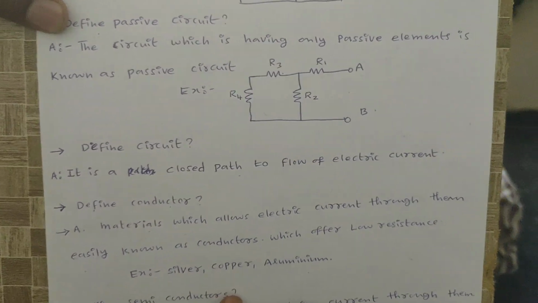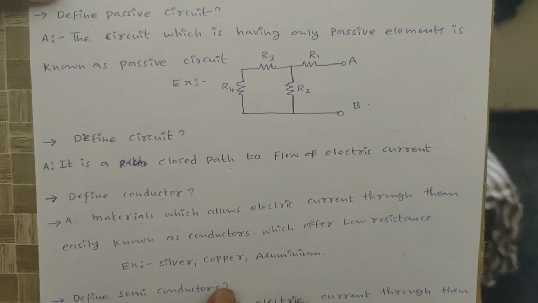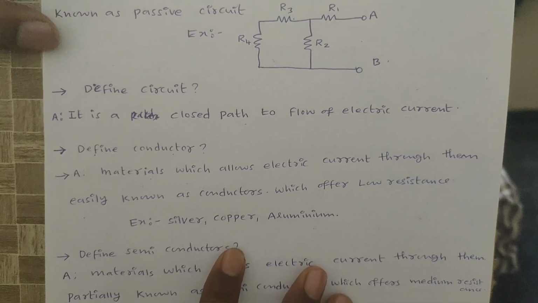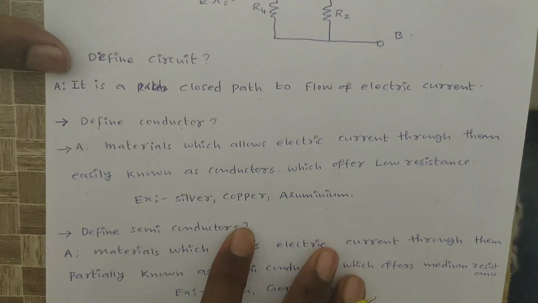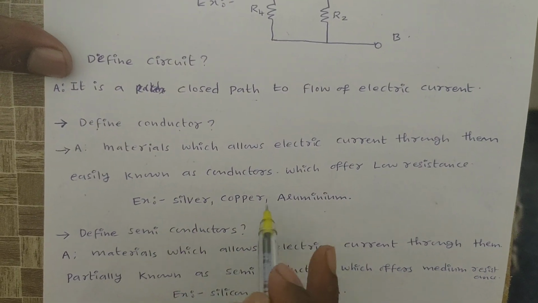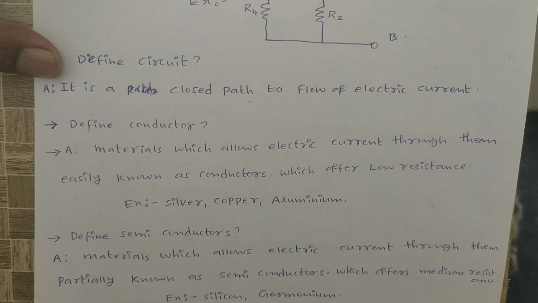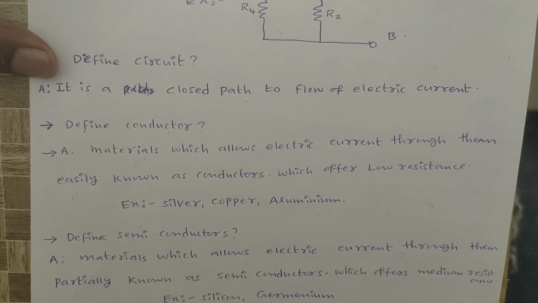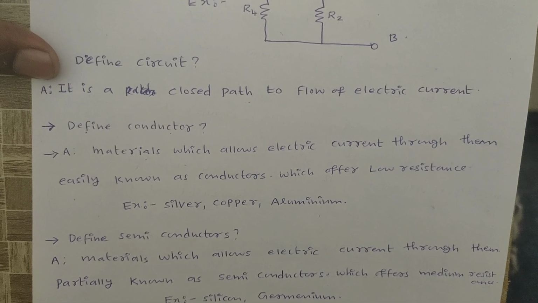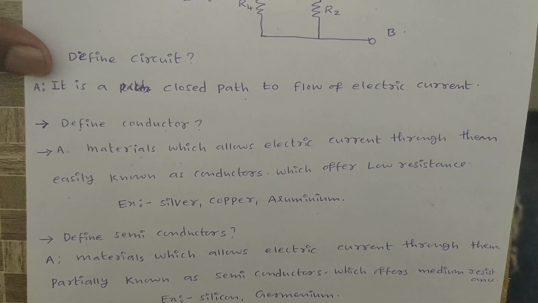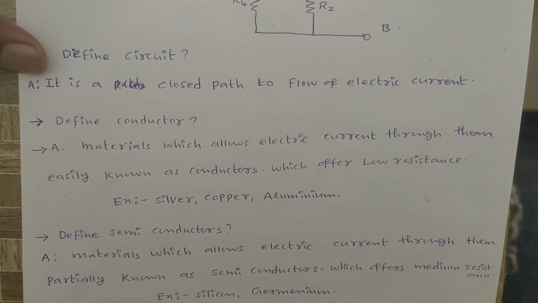When resistance is low, then only it will allow the maximum amount of current, right? That is nothing but conductors. Examples for conductors are silver, copper, aluminium. Among those three, silver is the best conductor, but the cost of silver is very high, near to gold. Hence, we never prefer silver.